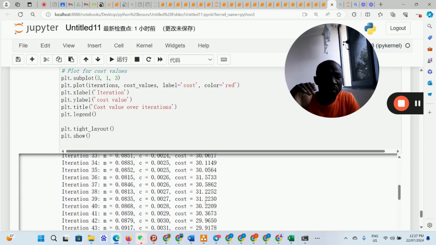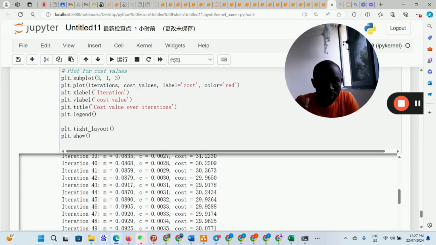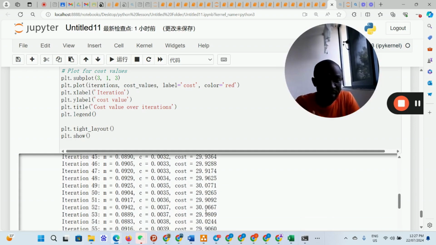While in the first one, batch gradient descent, when it arrives at a point, it just goes down directly. It does not go up. But on stochastic gradient descent, it will go up, go down, go up, go down. That is why you are seeing 30, 29, 30, 29, and that is how the graph will look too.